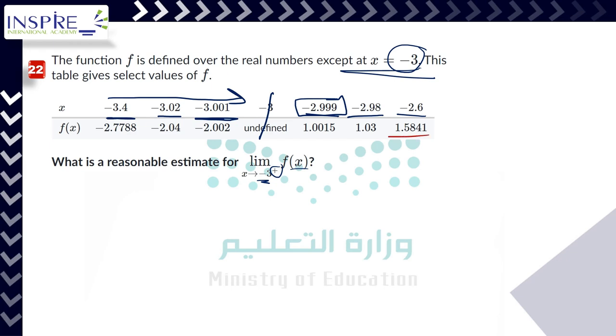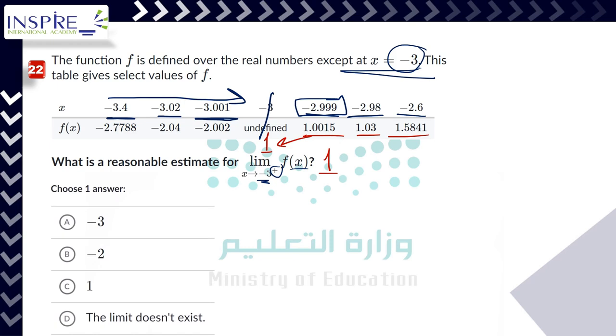This is 1.5, 1.03, 1.001. I think we're getting closer to 1. So the value of the limit here from the right side will get closer to 1. And we only check the right side because he's asking about the right side. We have 1.